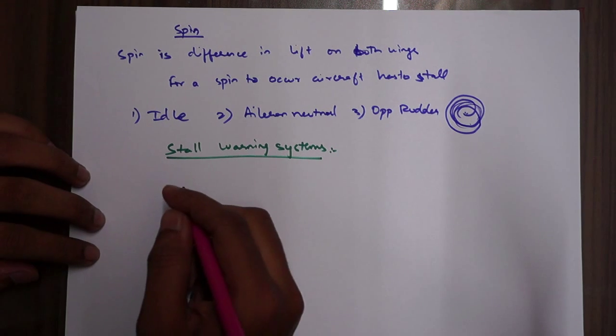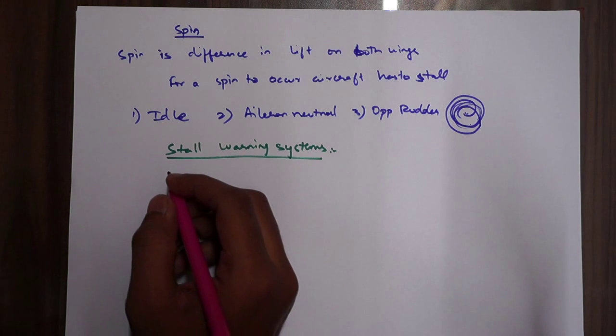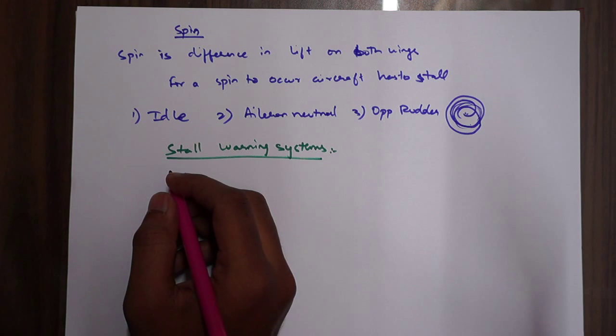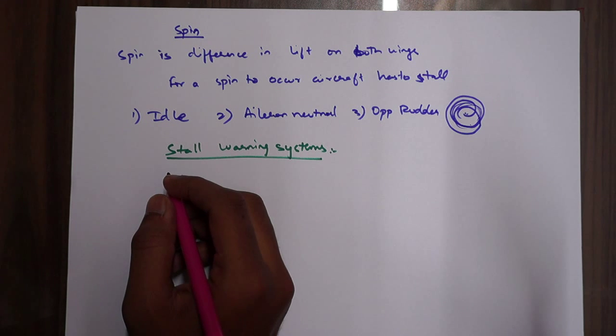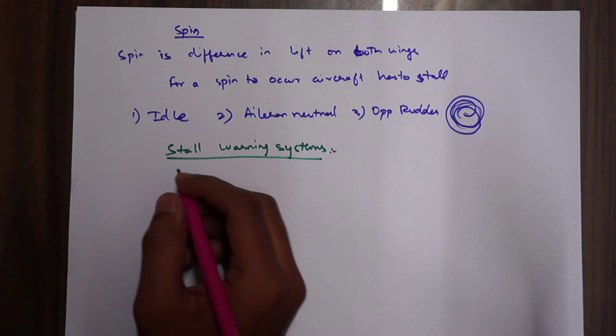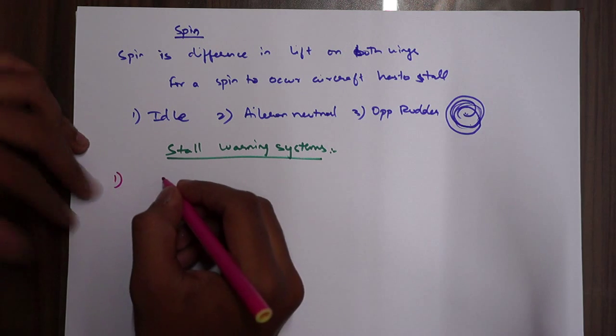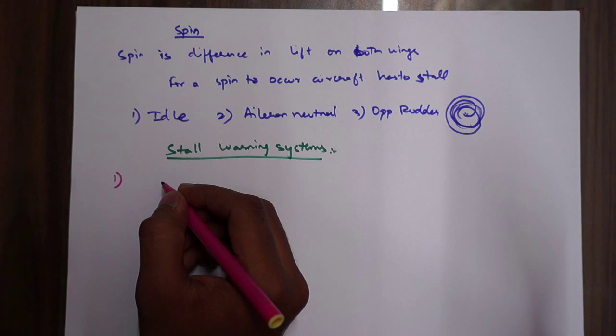So generally we have a few stall warning systems: flapper switch, angle of attack vane, angle of attack probe. Stick shaker we have discussed already. Stick shaker or stick pusher is a similar concept, and that's about the stall warning. Now the important point of a stall warning system is we don't want to know about the stall at the last moment, right?